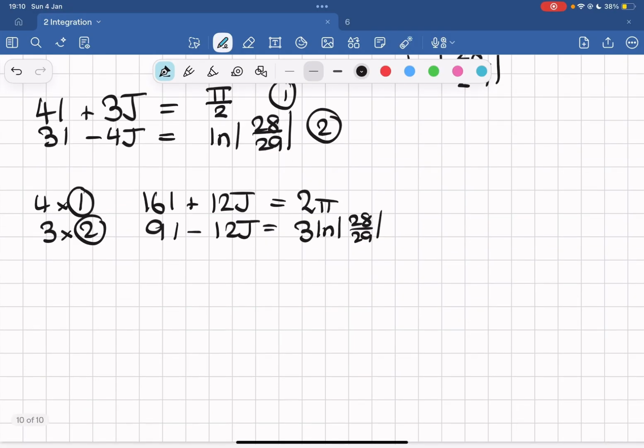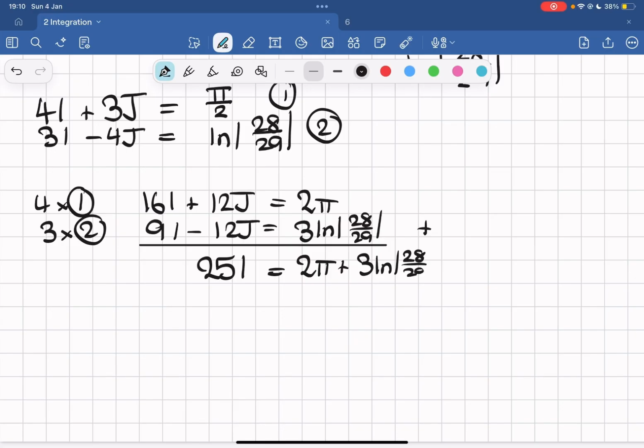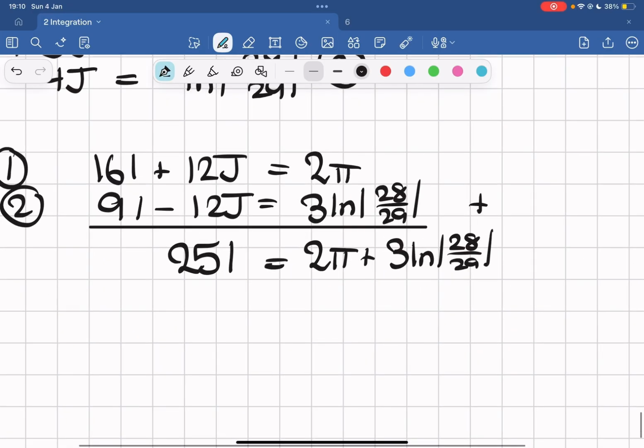Now let's go ahead and add our two new equations. So on the left hand side we've got 25i, and 12j minus 12j is 0, equals 2 pi plus 3 ln 28 over 29. To get I, divide through by 25.